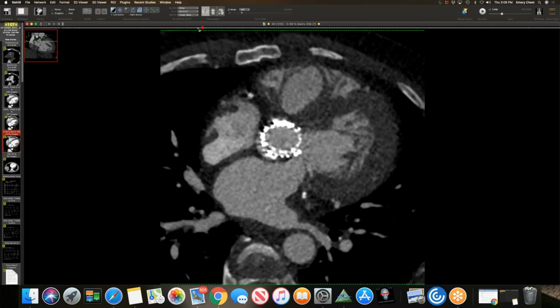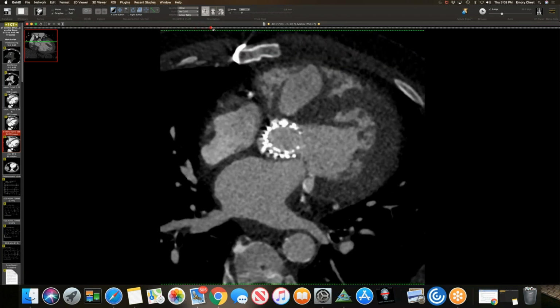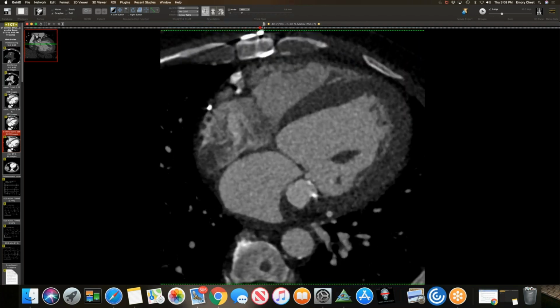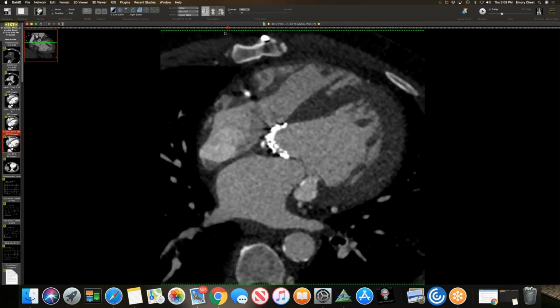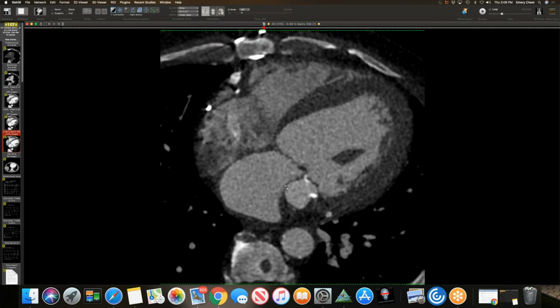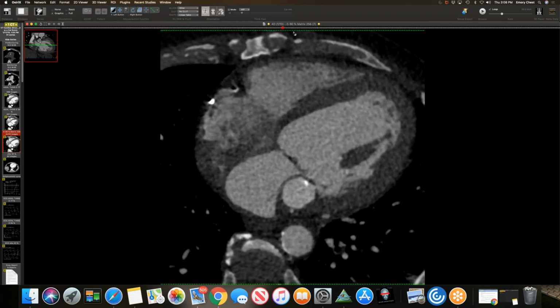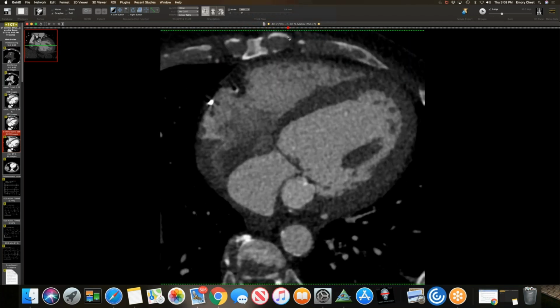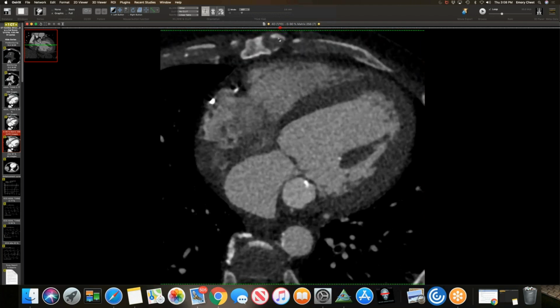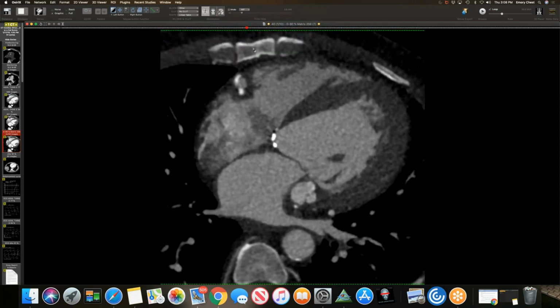And then the first time I scrolled through it on the axial images, the thing that jumped out at me was this abnormality here. I'd never seen anything like that. Initially, my first inclination was this is part of the atrium, but then as I scrolled a little bit more, I noticed the wall seems continuous with the left ventricular wall.